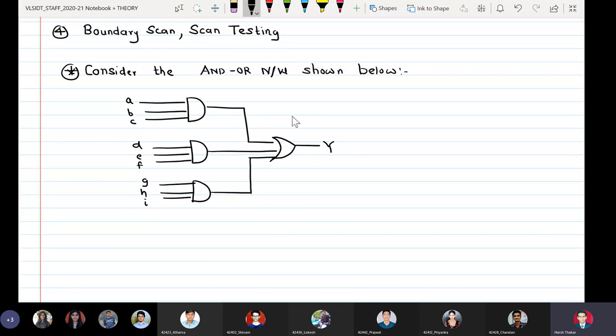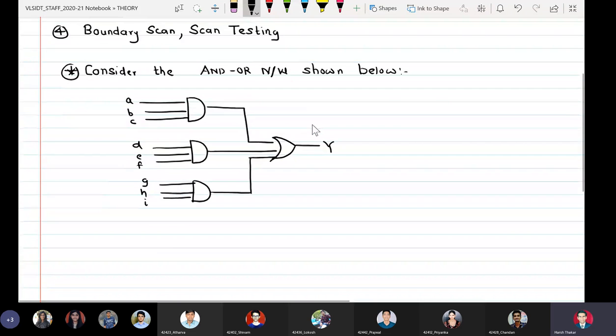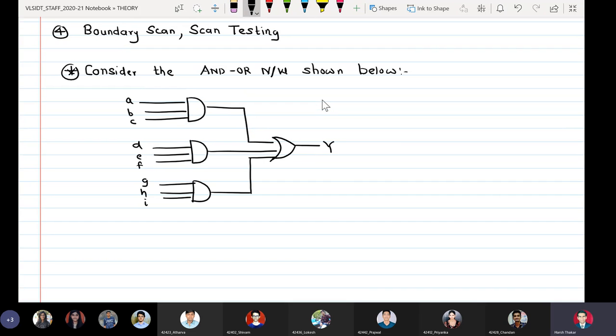If we consider this AND OR network, we can understand that even to find the input combinations to check for stuck at 0 or stuck at 1 faults in a simple 3 input AND or OR system, it takes so much thinking. So imagine how complex it would be to find the input combinations required to check stuck at 0 or stuck at 1 faults at any point of the system.